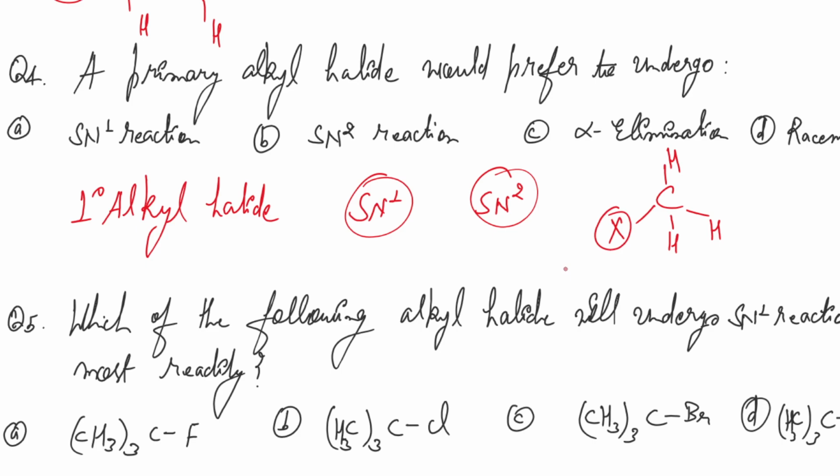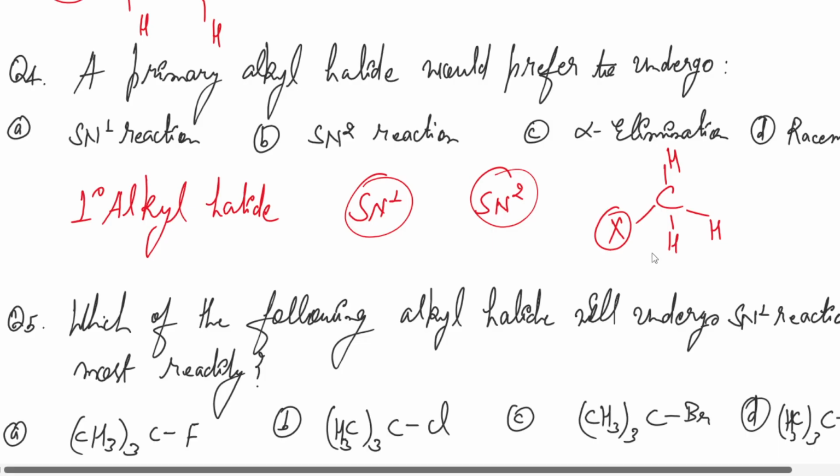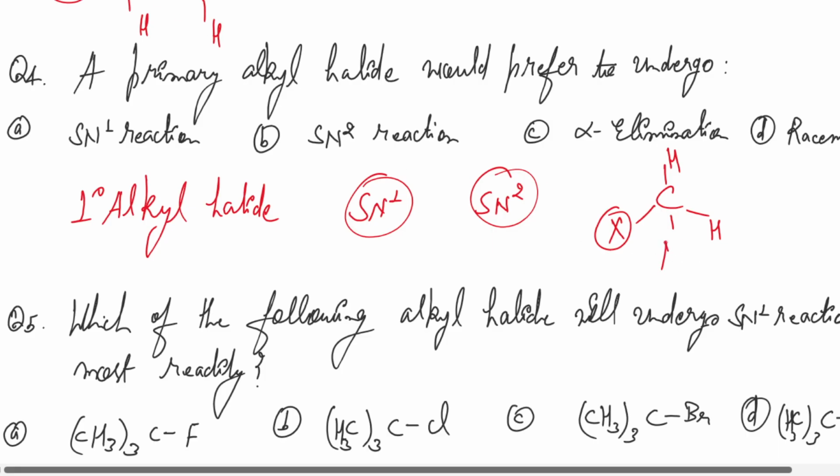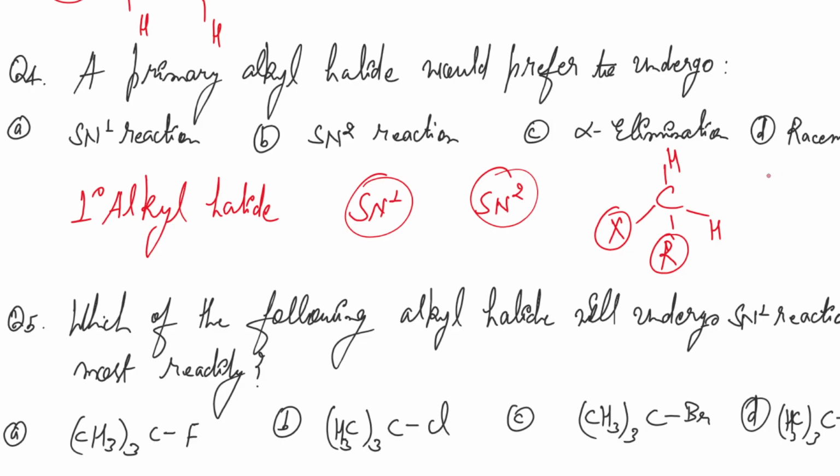And what about the secondary or tertiary? Primary means we have one alkyl group along with the halide. Suppose we have one group R present over here. So for the primary alkyl halide, always remember that primary will always prefer the SN2 pathway, whereas tertiary prefers the SN1 pathway, right?